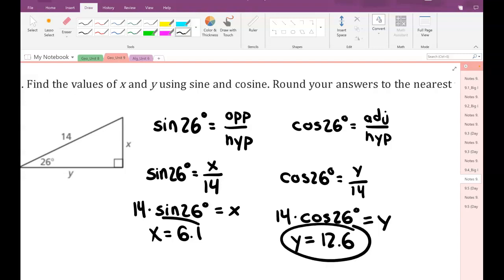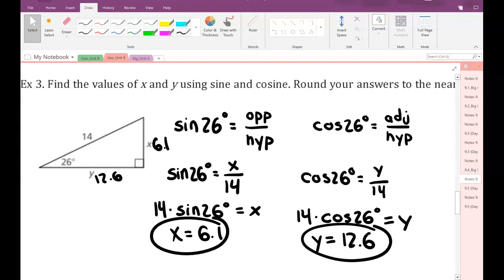That's rounded to the nearest tenth. And there are your two side lengths, 6.1 and 12.6. And it's matching up with what our diagram is giving us. X looks like the shorter side, and we know that this second longest leg cannot be larger than 14 because our hypotenuse is always going to be our longest side.